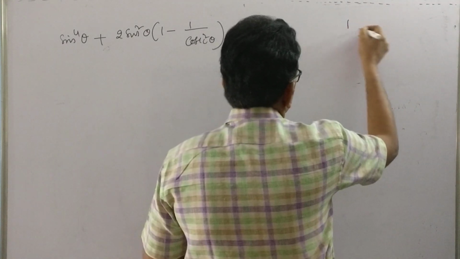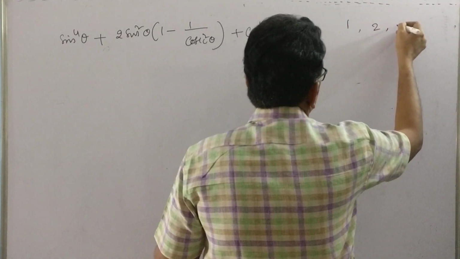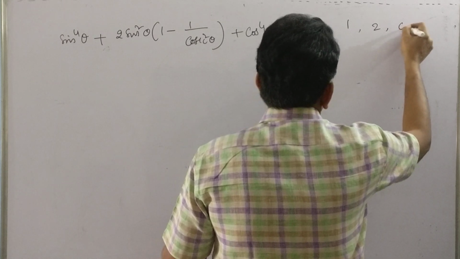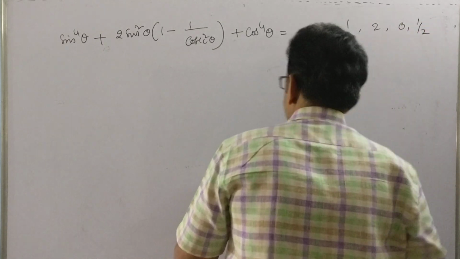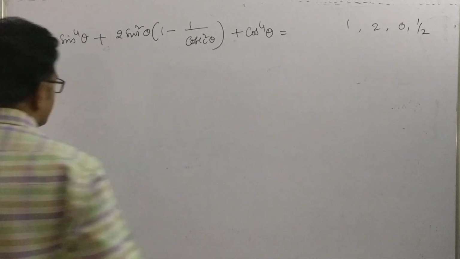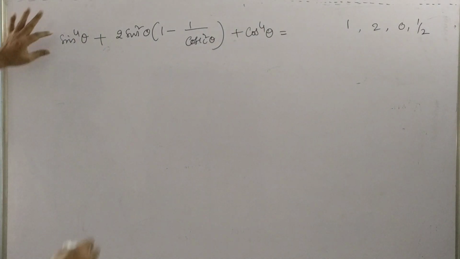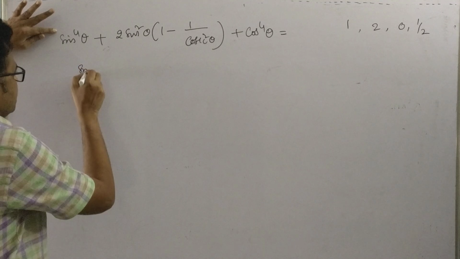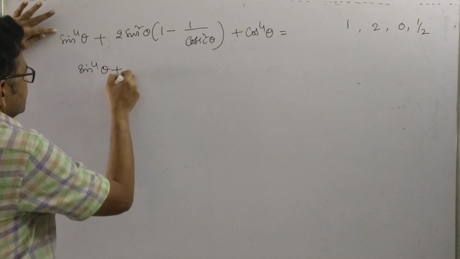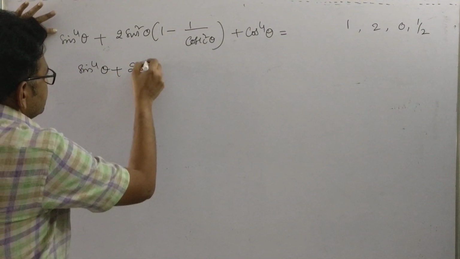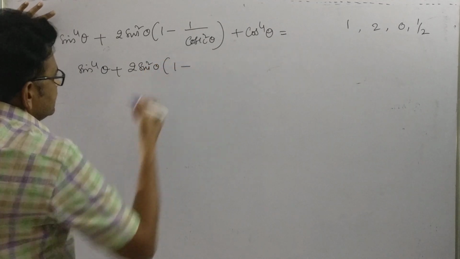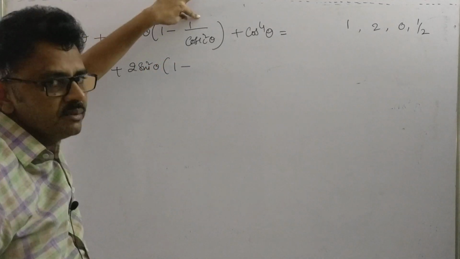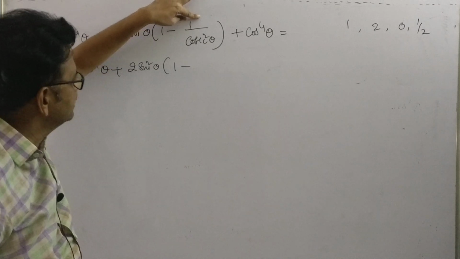The options are 1, 2, 0, 1/2. So this is sin⁴θ + 2 sin²θ (1 − 1/cosec²θ), where 1/cosec²θ is sin²θ.